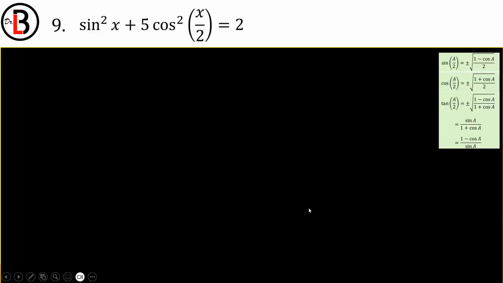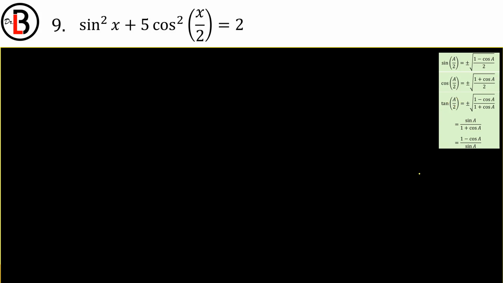So let's go to some more examples. In here, you can see sine squared and cosine squared. Some of you might ask, which one do we need to change? The first term is simply sine squared of x. The second term is x over 2. So it's a half angle. Maybe we can use the half angle formula.